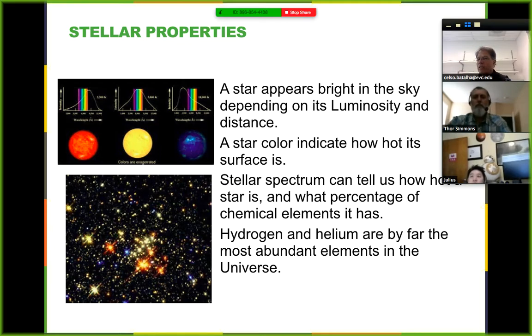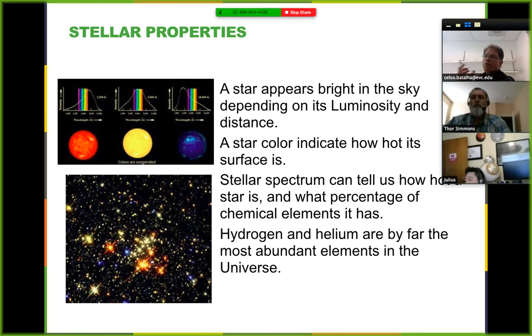So luminosity is intrinsic energy. Sometimes it's called intrinsic brightness of an object. Like stars have their own luminosity, which means if you go around them, if you could, and then you measure the entire energy they are sending out and divide by their surface area, then you have a measure of luminosity, how much energy that star is sending out in space.